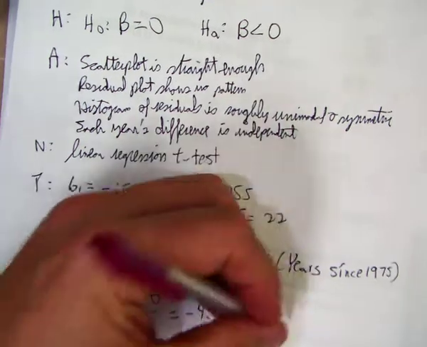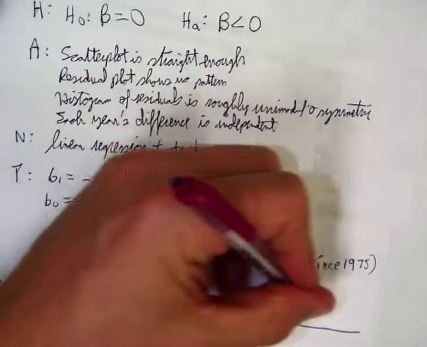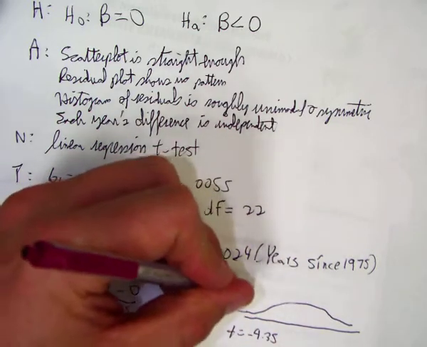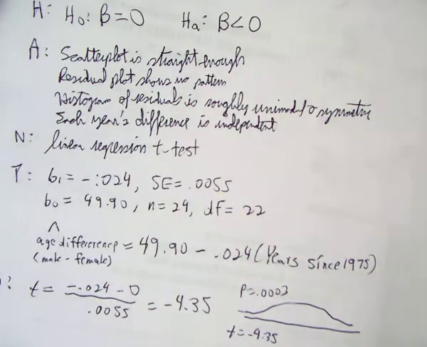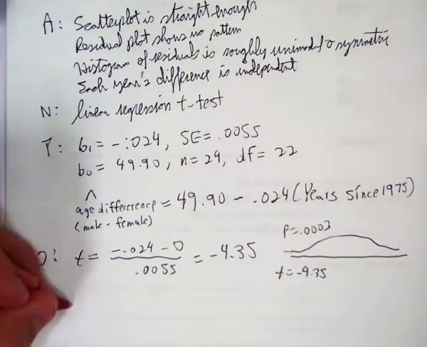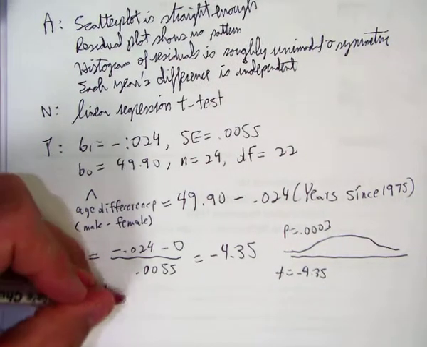So really all we got to do is draw a little sketch. I always like to draw a little sketch. P equals 0.0003. So we're going to reject at the 0.05 level.